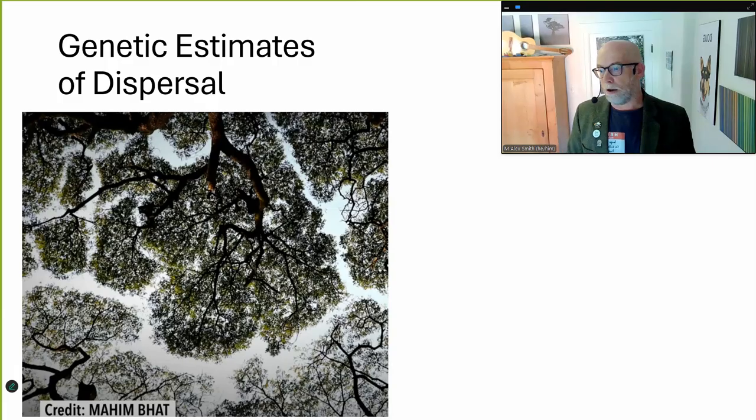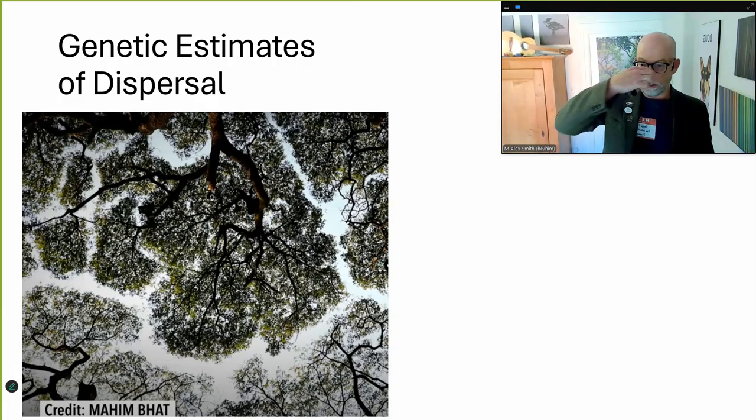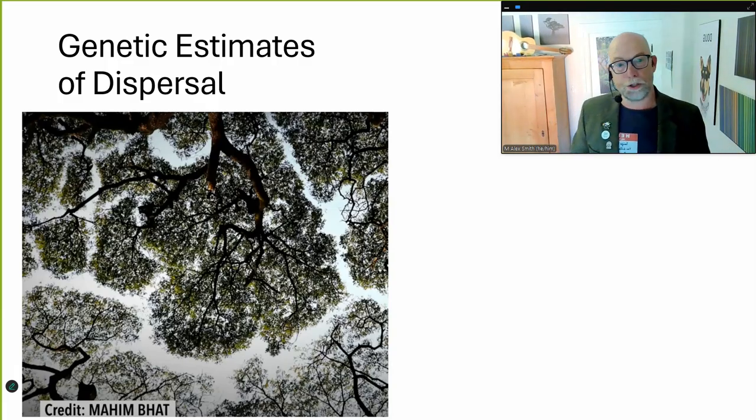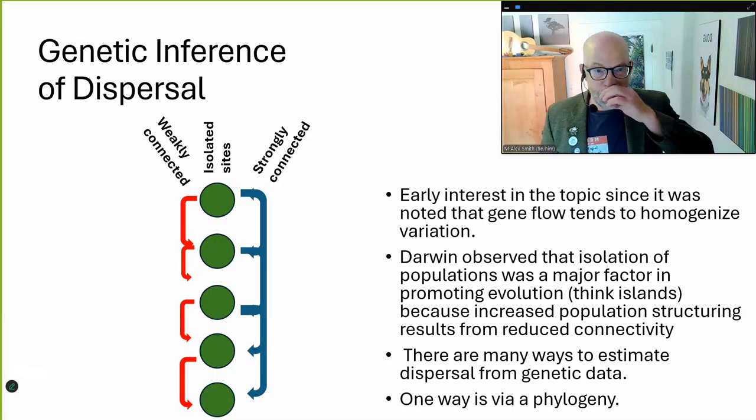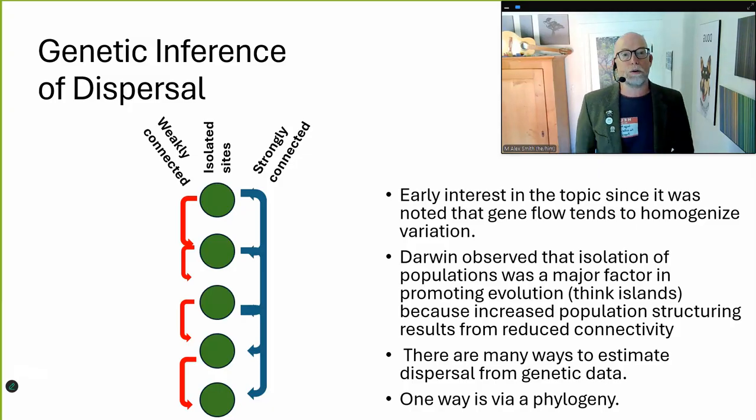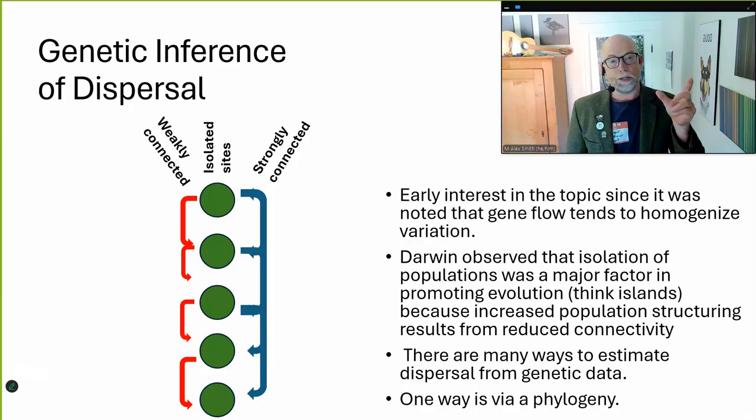Now, genetically, how do we estimate dispersal? And this is clearly not a marine deep sea vent, but this is a tree. So one of the ways that we would use genetics to do it would be using trees or phylogenies. Now, genetic inferences of dispersal have had decades and hundreds of years of interest, with very early noting, which Darwin was part of, that gene flow, the consequence of dispersal, tends to homogenize variation at a place.